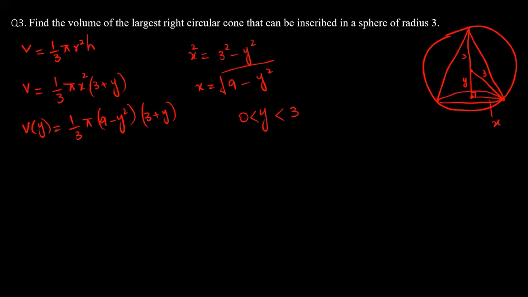So the next step is we need to find the maximum value of this function. We know how to compute maximum values. We will differentiate this function with respect to y.